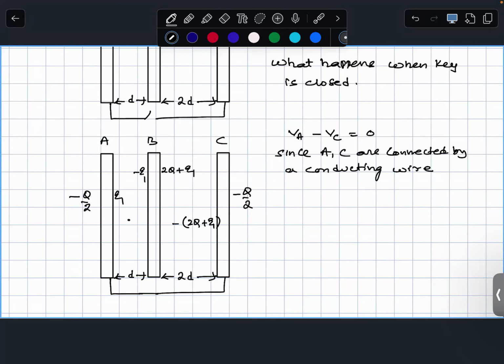Okay. In this region, let the electric field be E1. In this region, let the electric field be E2, and they are uniform actually. Can someone please help me in writing E1? Q1 by epsilon naught A. Tell me how. How?